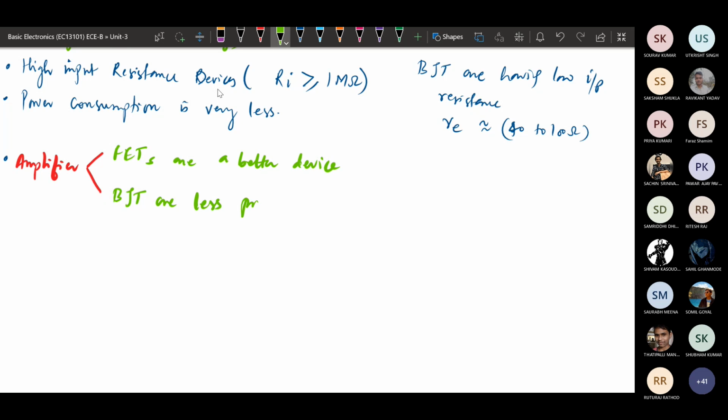BJTs are a less preferred device for amplifiers.